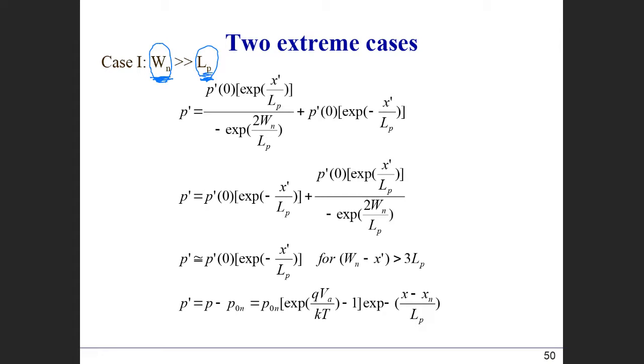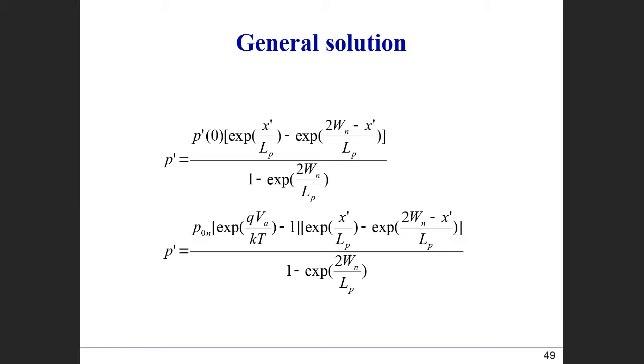So for this case, the original equation is the solution we obtain. If you look at this one, this is the solution we obtain in here. And if you look at this solution, at some point we have Wn and Lp compared in the equation, right?